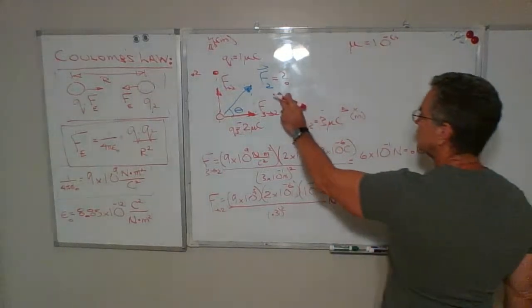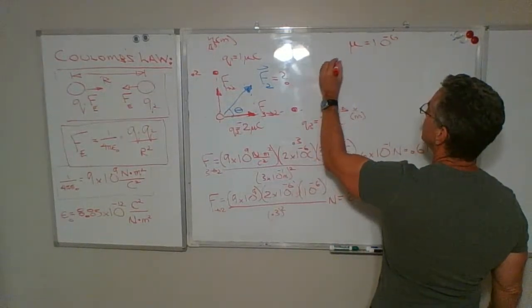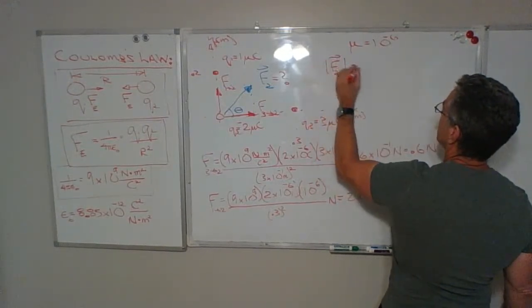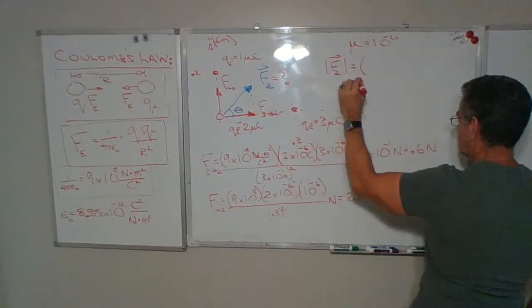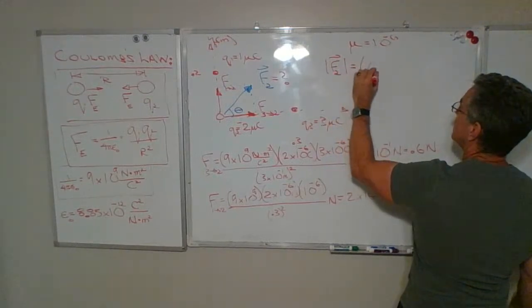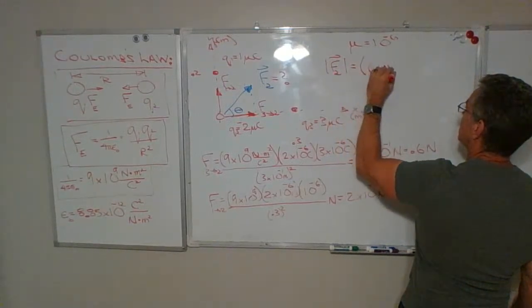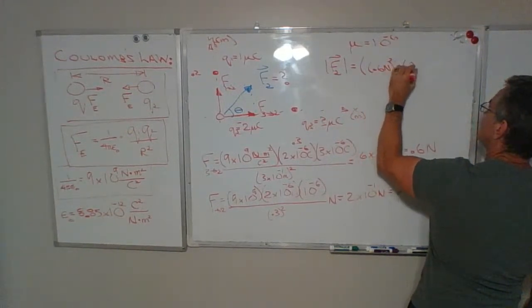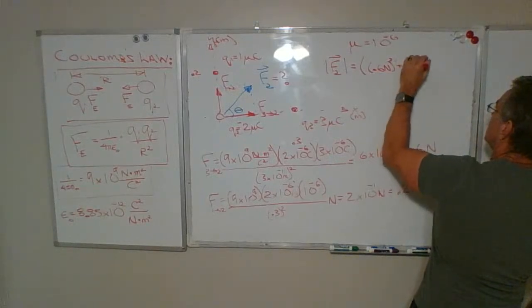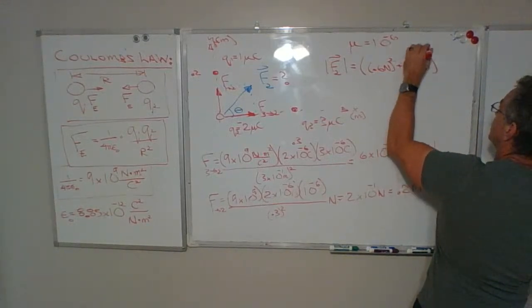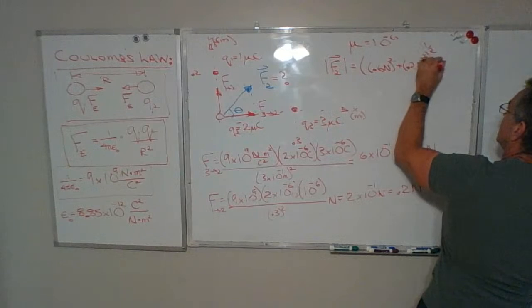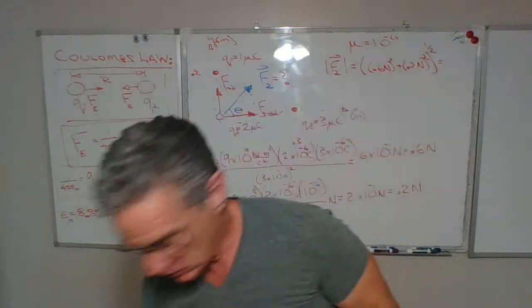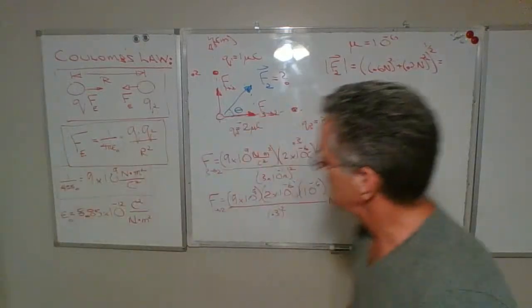So now let's go ahead and figure out what the magnitude of F2 is. That's going to be, using the Pythagorean theorem, 0.6 newtons squared plus 0.2 newtons squared, all of that square rooted. Okay, and I need to use a calculator to solve that.